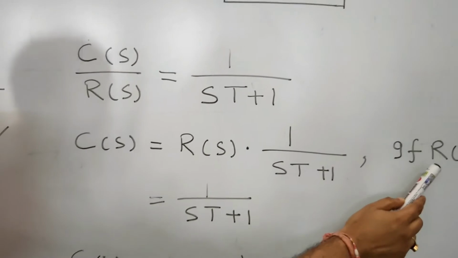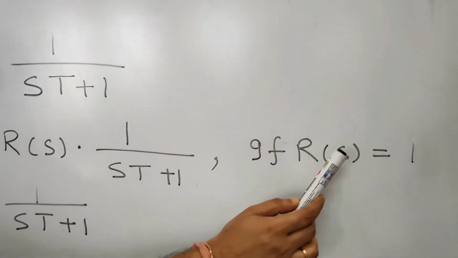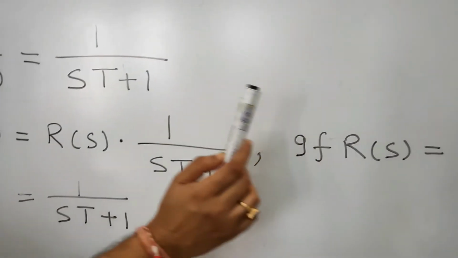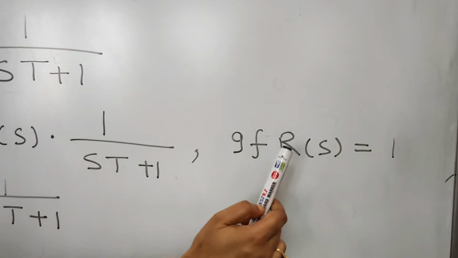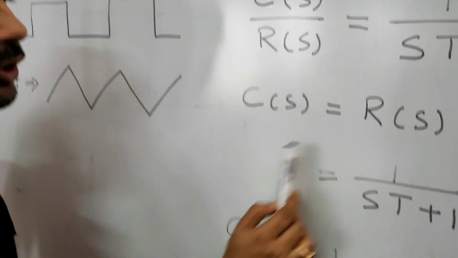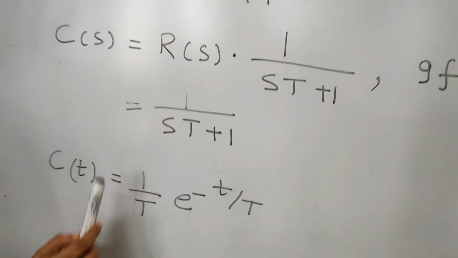If we are taking input as impulse input, then R(s) is equal to 1, as we studied in the theory classes. Laplace of impulse input is equal to 1. So C(s) is equal to 1 into 1 by sT plus 1, that is 1 by sT plus 1.